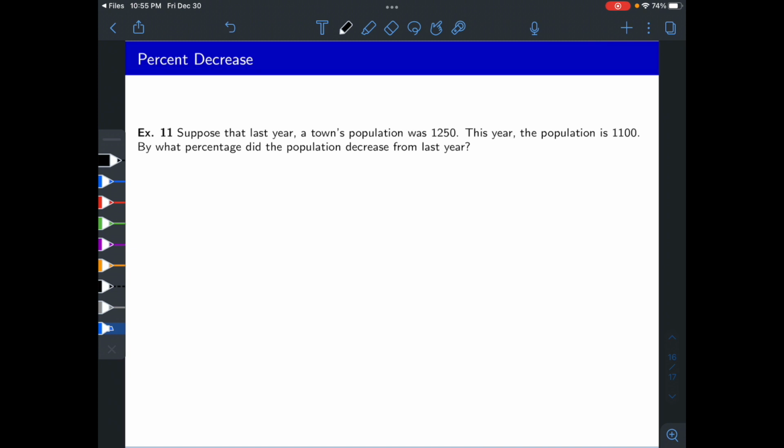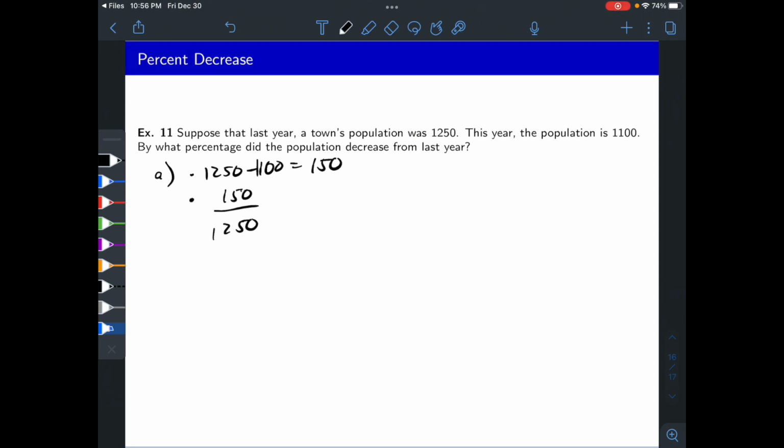I'll split this into the two methods again. So we first figure out what's 1250 minus 1100. That's again going to be 150. So the population is going down by 150. And then with 150, we need to figure out what this is as a percentage of last year's population, which was 1250.